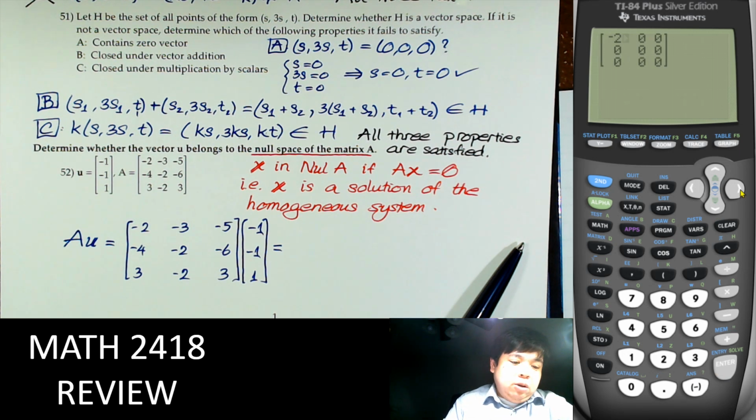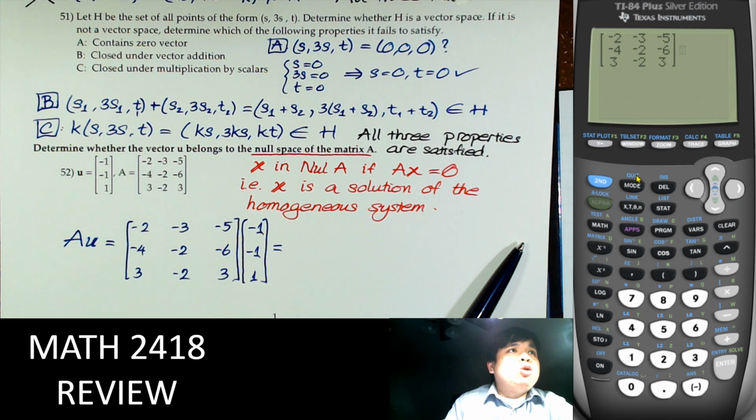Matrix A: -2, -3, -5, -4, -2, -6, 3, -2, and 3.